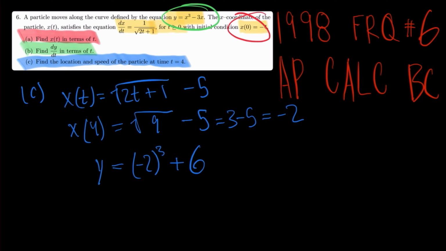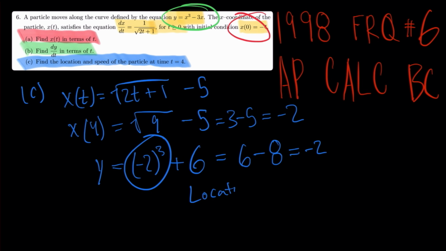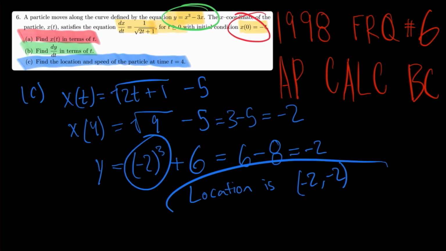And altogether, this would be 6 and then minus 8, because negative 2 to the third power retains its negative value, and 2 to the third power is 8. And finally, 6 minus 8 is also negative 2, so the location is negative 2, comma negative 2. But yeah, this is the first part of part C.